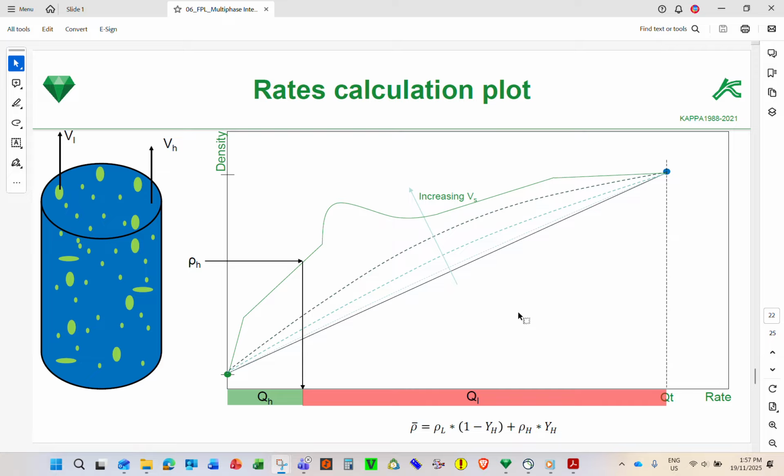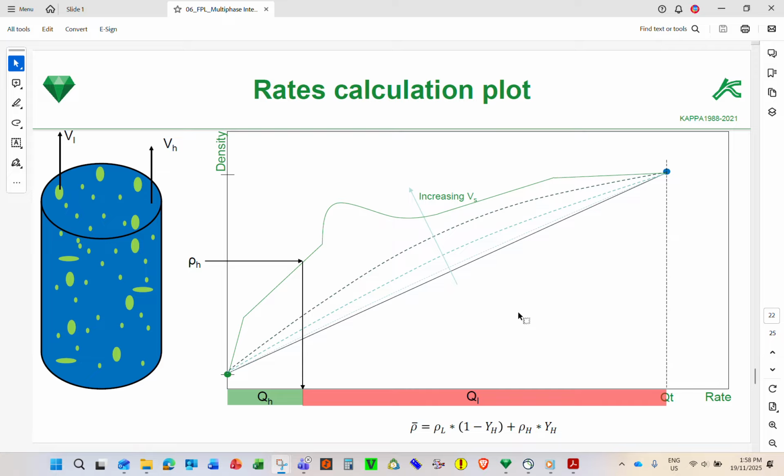So this is Q heavy, this is QL. So the heavy phase will be 50%. It's a linear function. So if there is no slip, easy. You can just directly calculate holdup from cut.